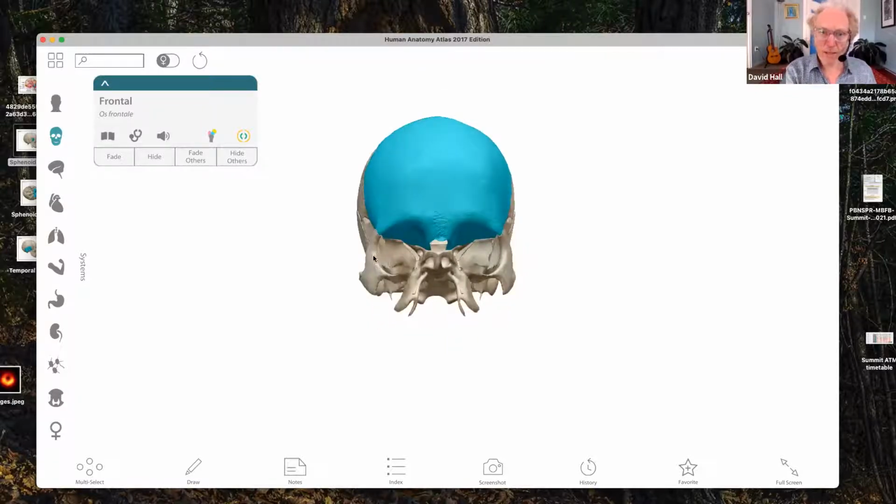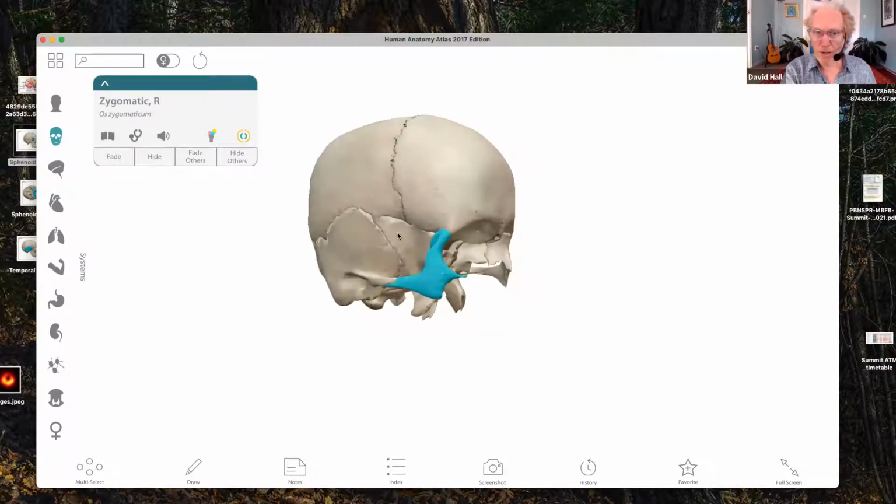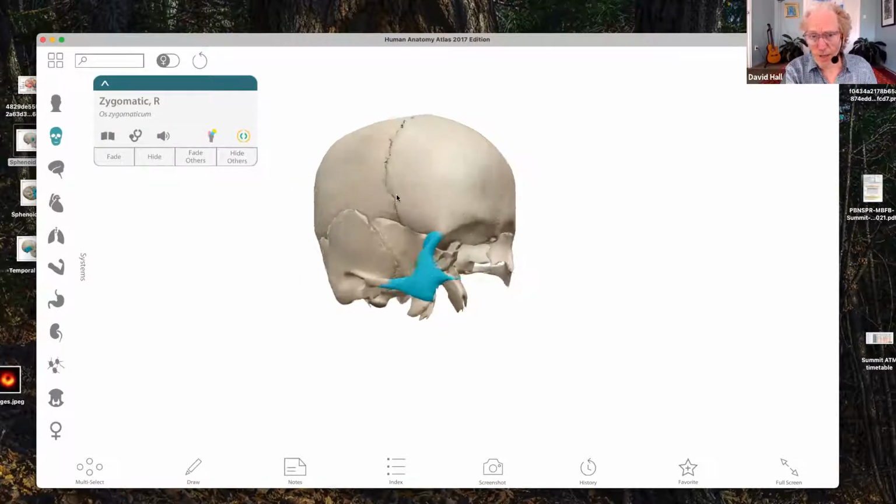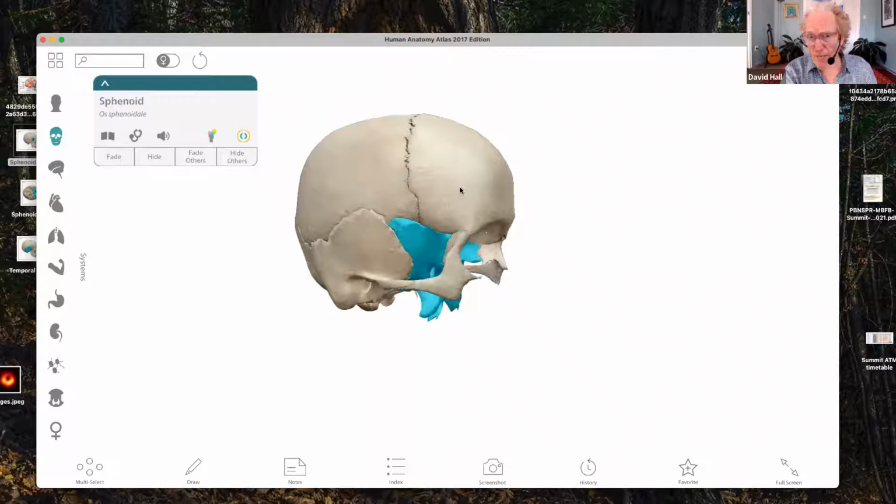And then the sides of the eye sockets are created by the zygomatic bone, which is the cheekbone. Note the cheekbone also joins on here and becomes part of the temporal bone. And then next to that sits the sphenoid bone.